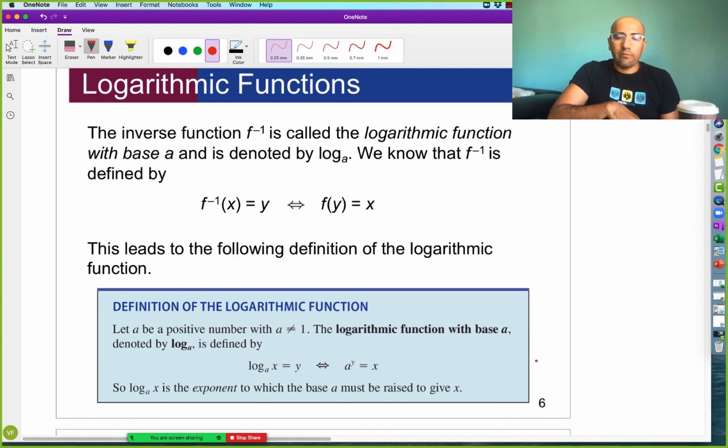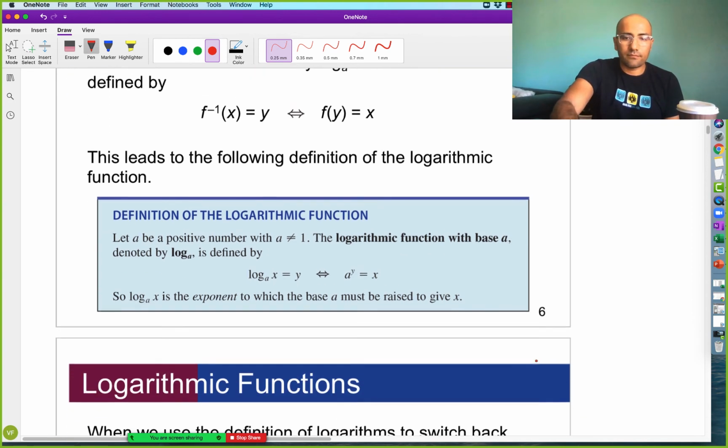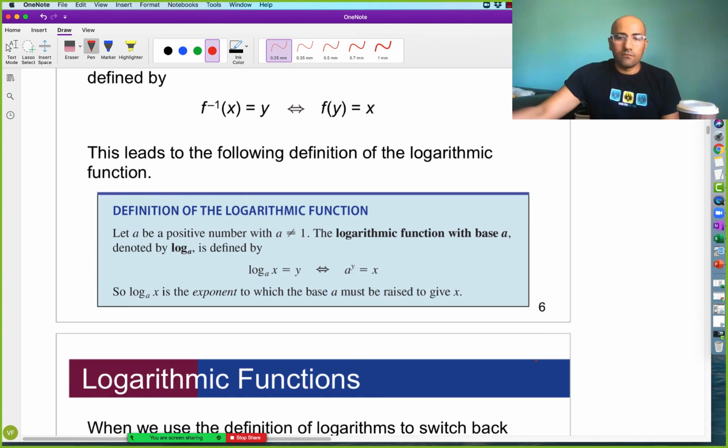Right? So the logarithmic function with base a, denoted by log base a, is the inverse function of the exponential function with base a. So that's where this is coming from.